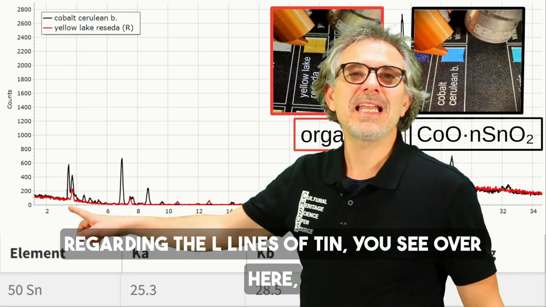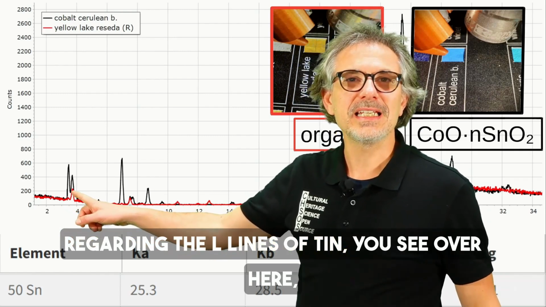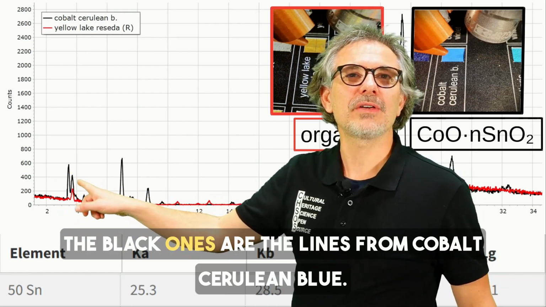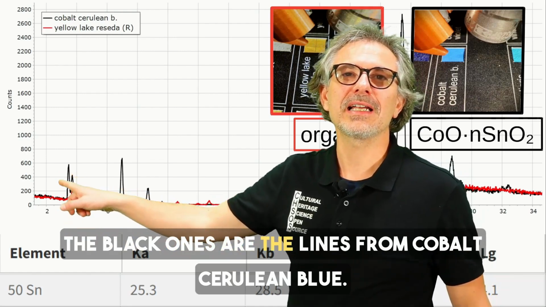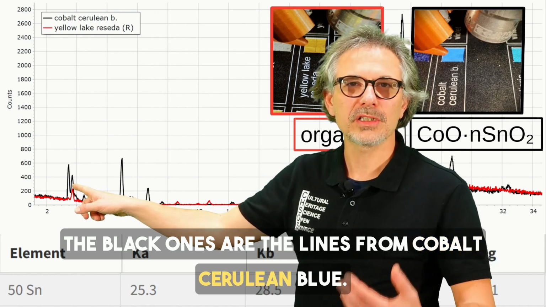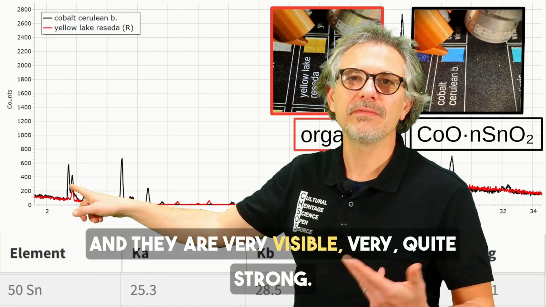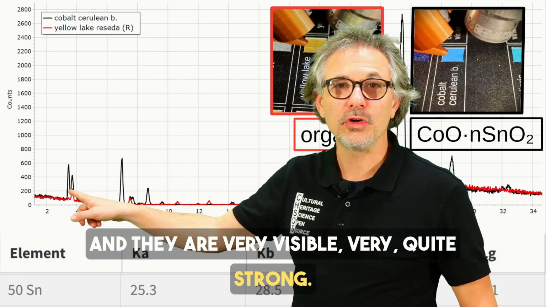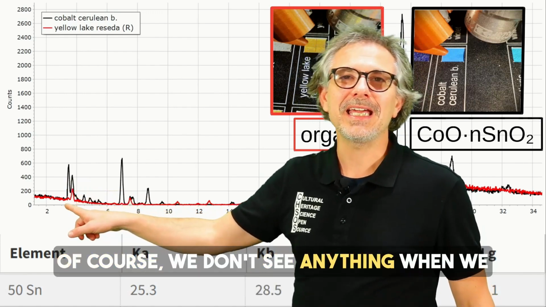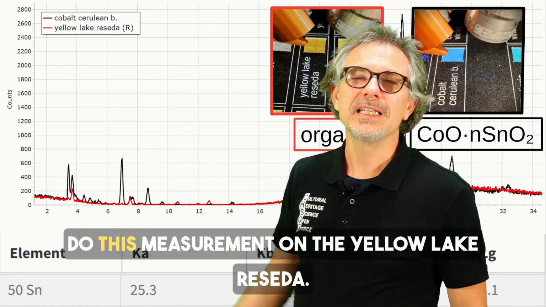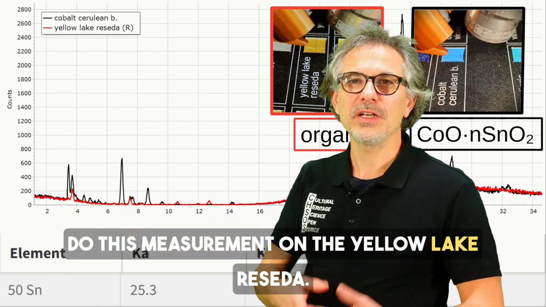Regarding the L lines of tin, you see over here the black ones are the lines from cobalt cerulean blue, and they are very visible, quite strong. Of course, we don't see anything when we do this measurement on the yellow lake reseda.